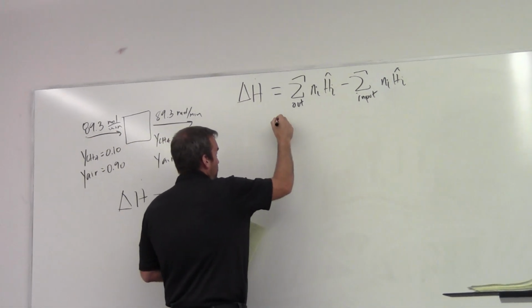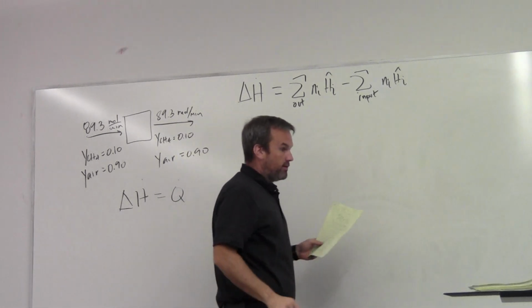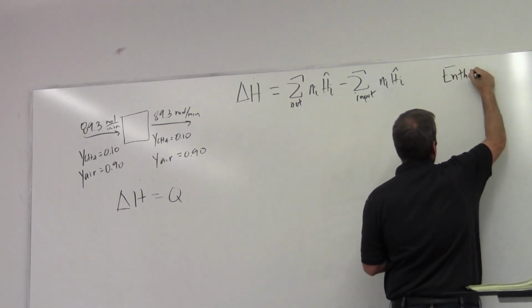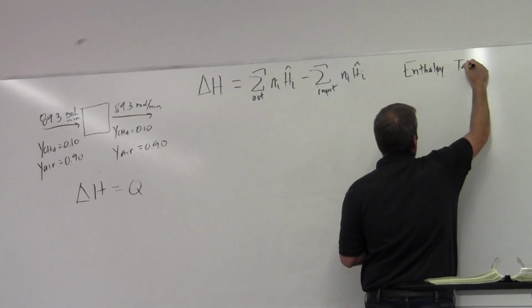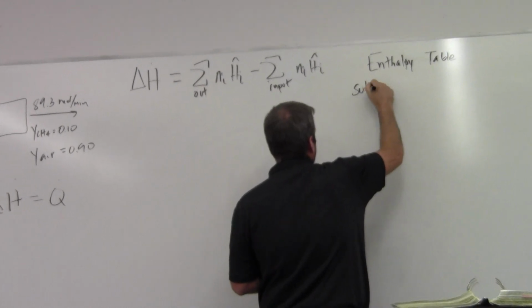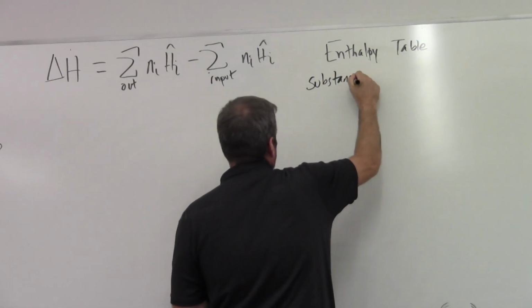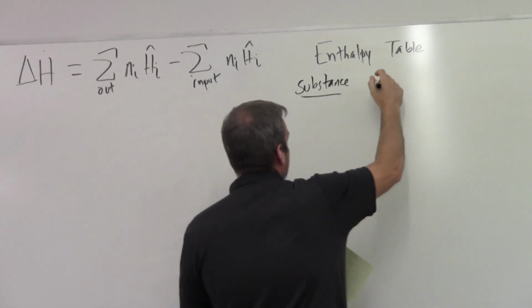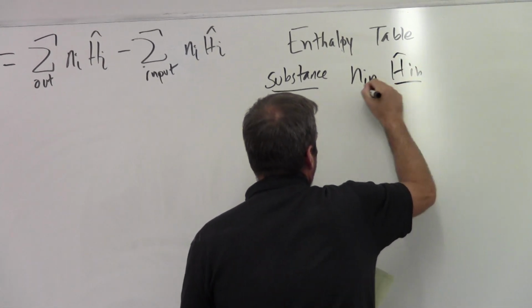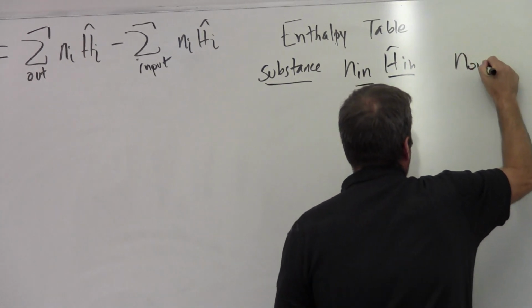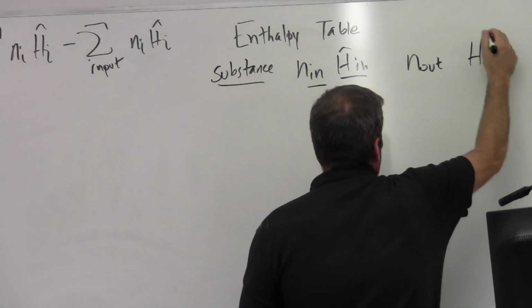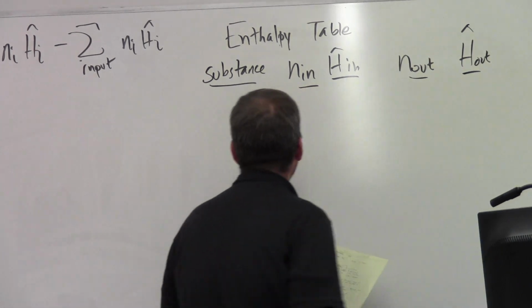So I'm going to build my enthalpy table. Let's see, I'm going to come over here so we don't have to erase it for a while. And then I'll do my substance. I'll do the moles in, and the enthalpy in, the moles out, and the enthalpy out.